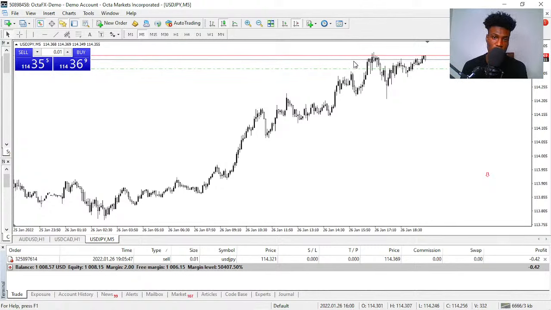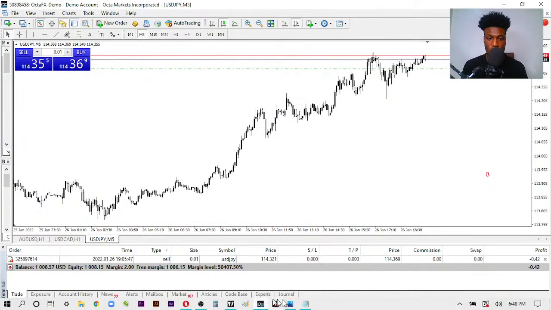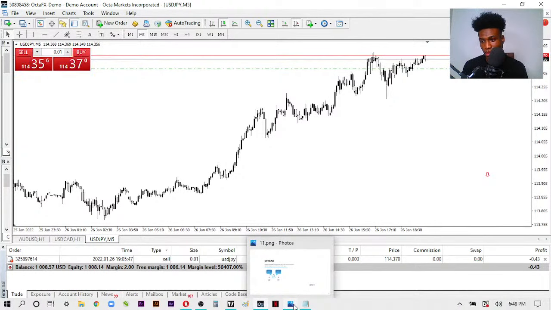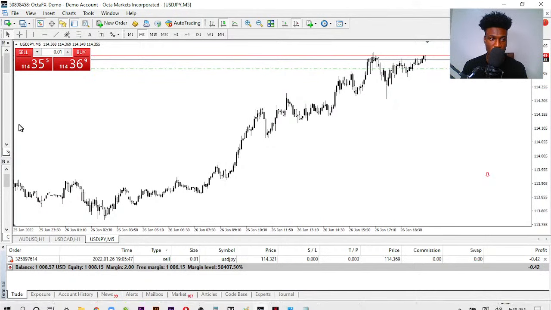The red and blue lines are the ask and the bid price, where traders buy and sell. The small gap between them is called the spread. To get the value of the spread, you subtract the bid price from the ask price.